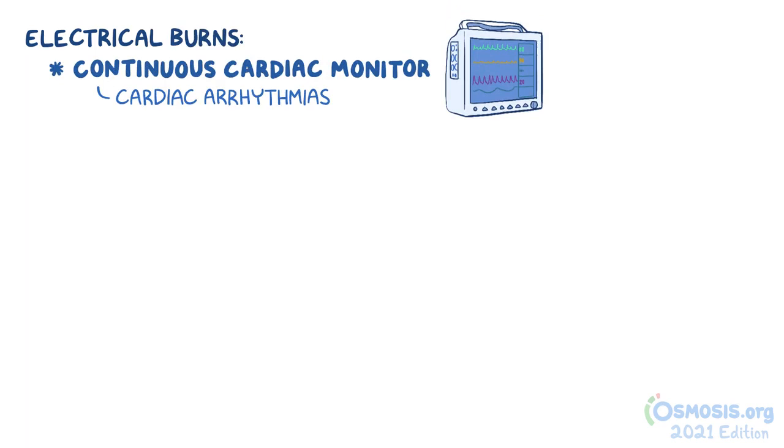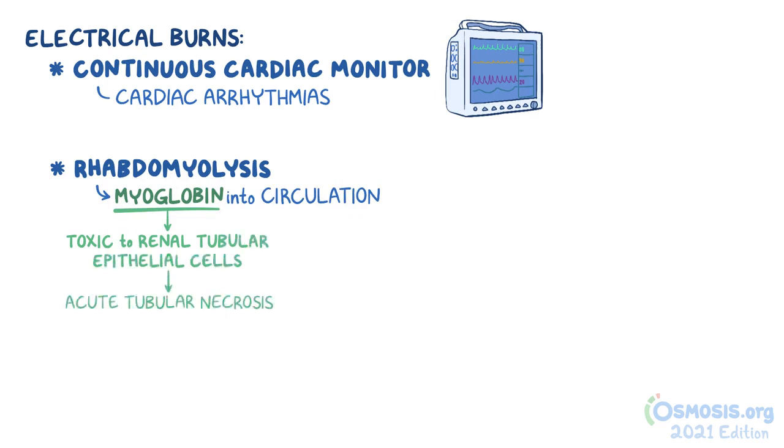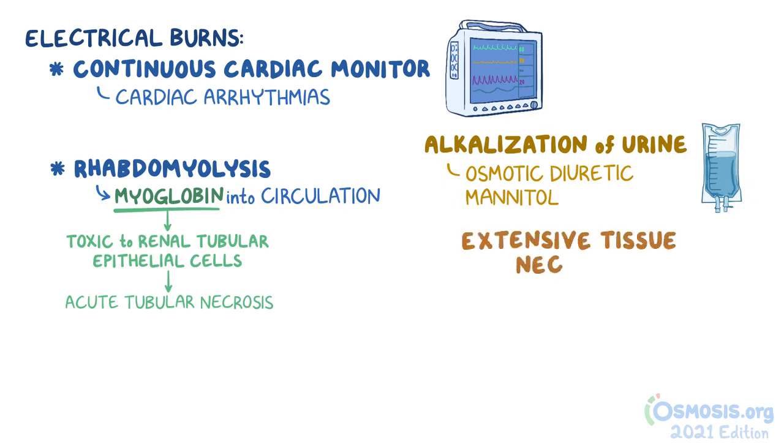Electrical burns and burns that damage muscle tissue can cause rhabdomyolysis, which releases myoglobin into circulation. Myoglobin is toxic to the renal tubular epithelial cells, causing acute tubular necrosis. In addition to fluids, alkalization of the urine with the osmotic diuretic mannitol is recommended. Finally, extensive tissue necrosis releases potassium, causing hyperkalemia.